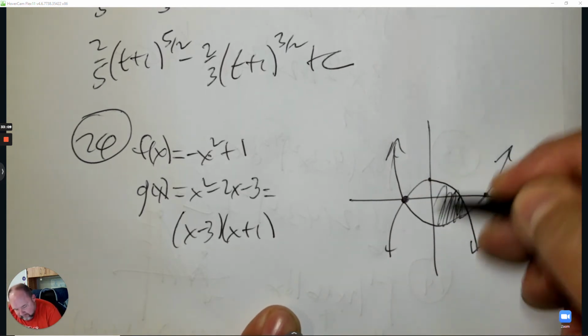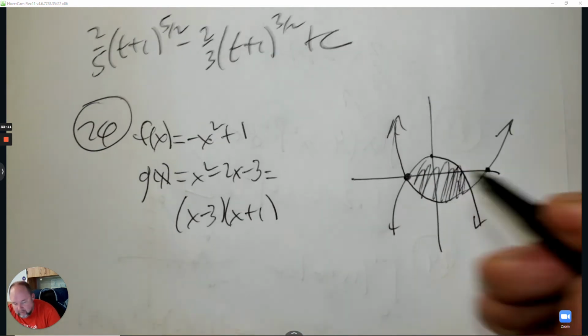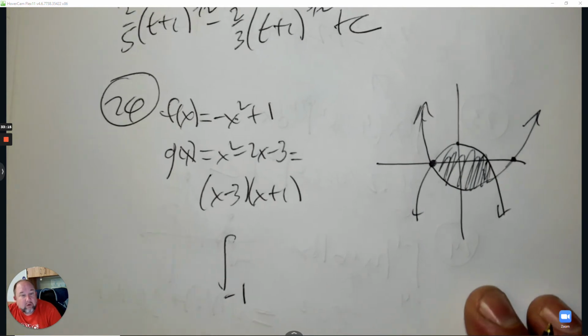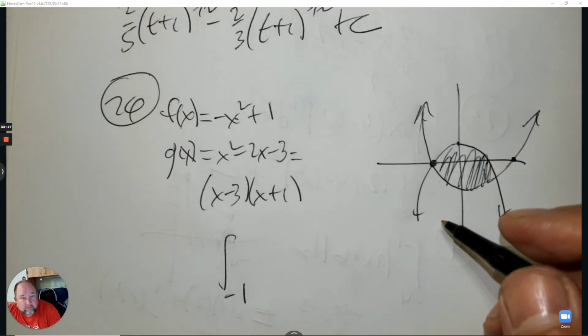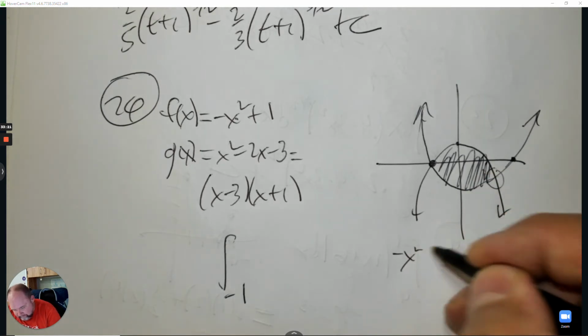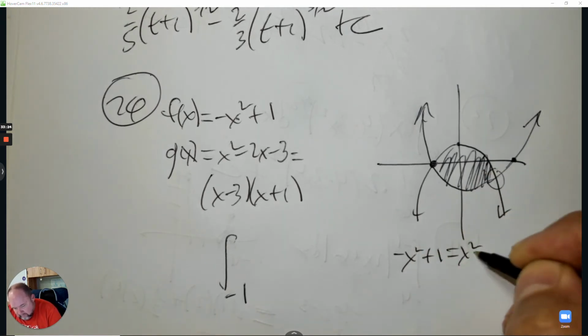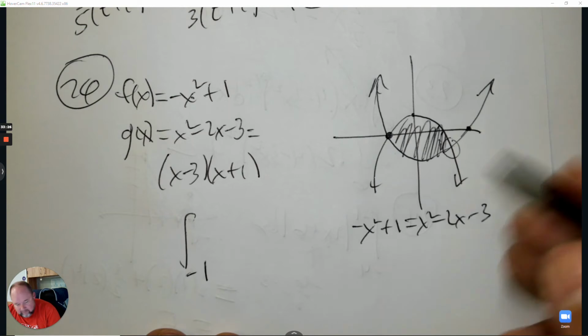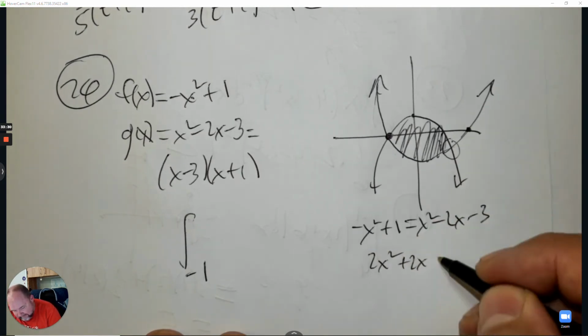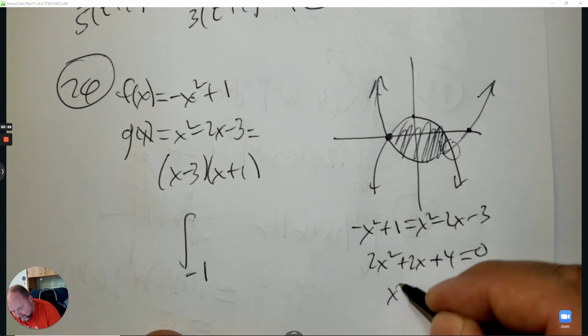And this is the area I'm finding. So I already know it's bounded on one side by negative 1. But I don't know this. So I'm going to make it equal to each other. And then solve it. So I'm going to add 2x squared, add 2x, add 3, divide everything by 2.